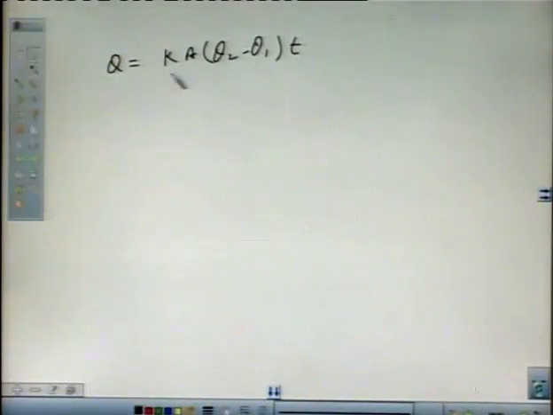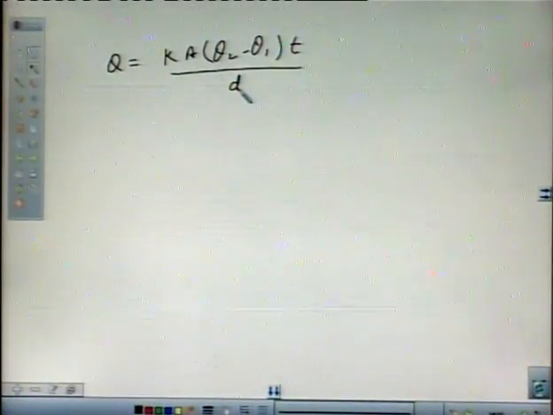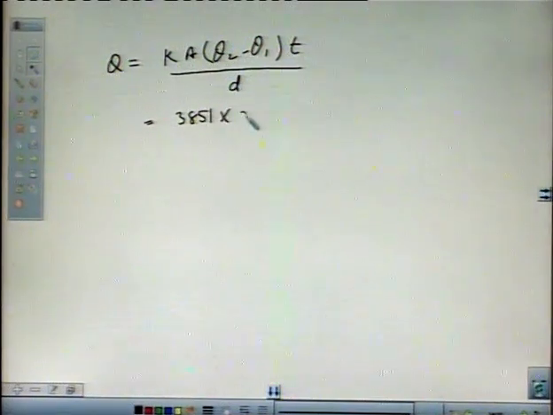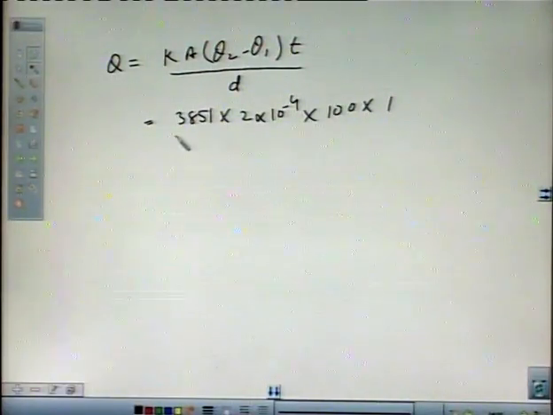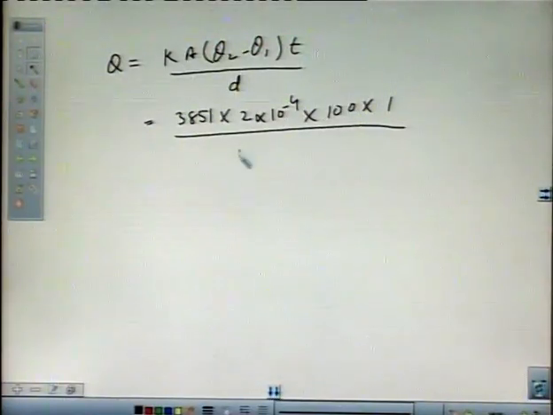Q is equal to K A (theta 2 minus theta 1) T upon D. This is equal to 385 into 2 into 10 raised to power minus 4 into 100, and the time is 1 second, upon the distance between two ends, which is 0.01.